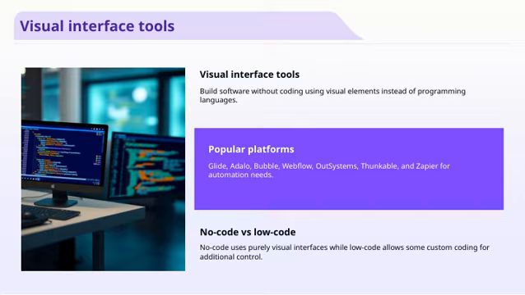This gives you greater control over specific features or integrations, which is useful when you need to tailor solutions more precisely. Ultimately, these tools fit into our broader theme of democratizing software development, making it easier for more people to create and innovate without being traditional programmers.